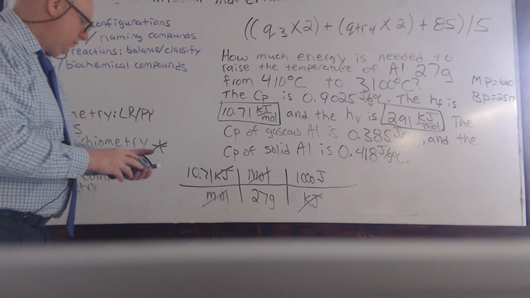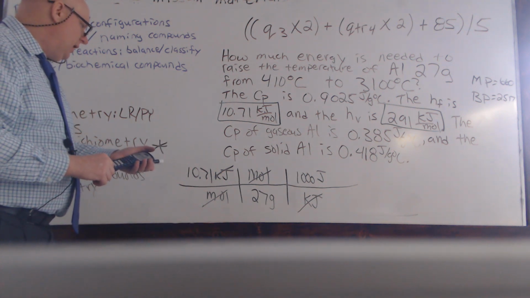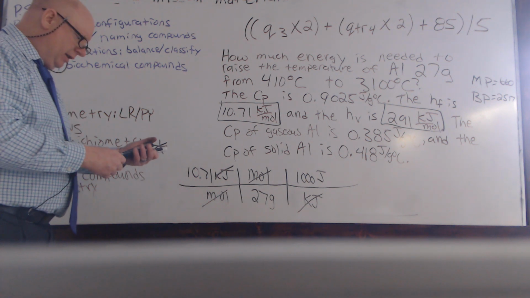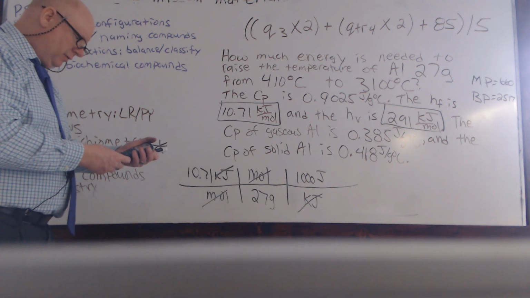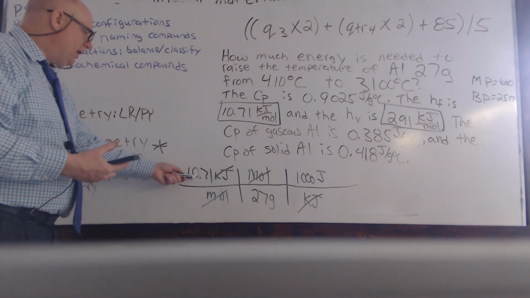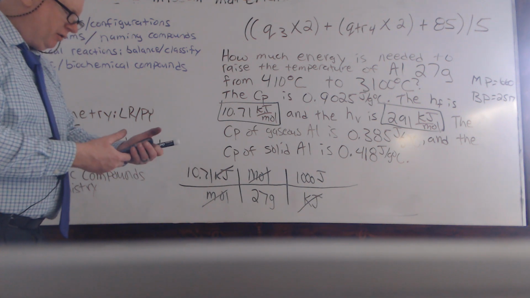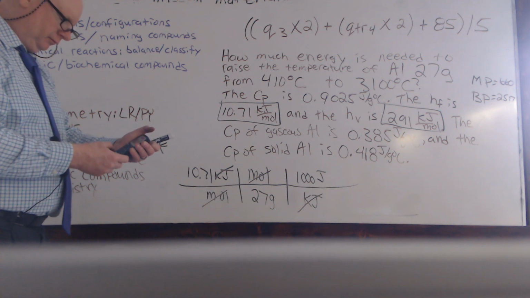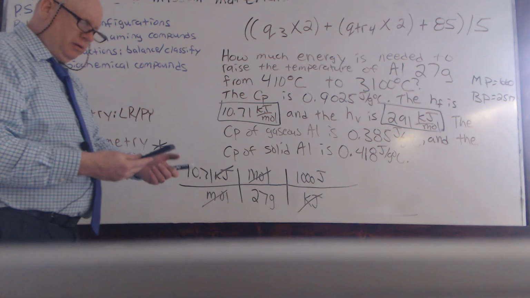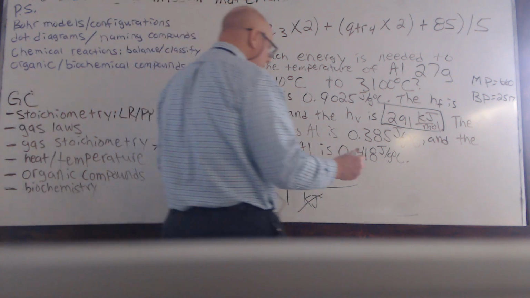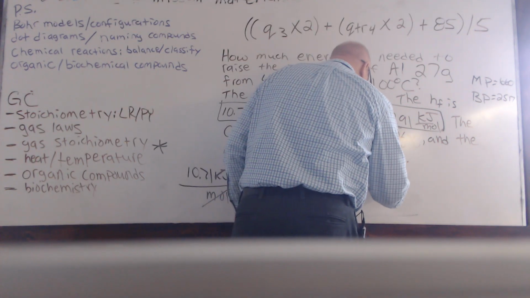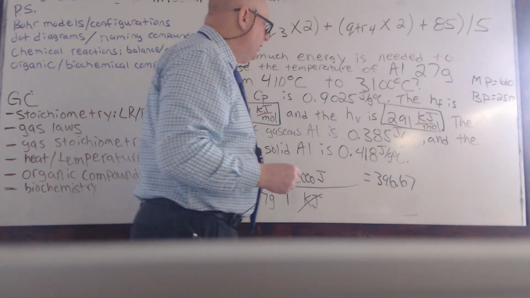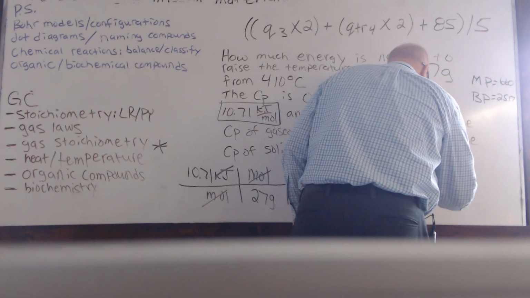So 10,710, if you like skipping a step rather than writing that out, because when you multiply by 1,000 you're just moving the decimal place to the right 3 times. That gives 396.67. So we can do this heat of fusion.